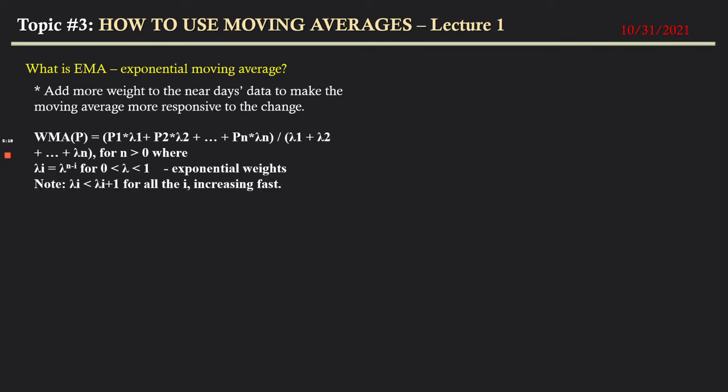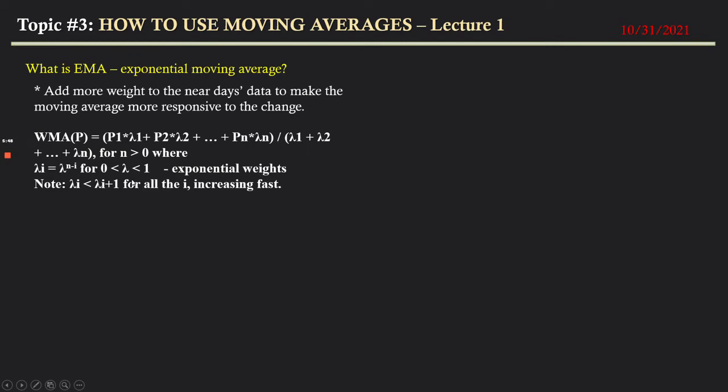And you see the formula comes this way, with lambda 1, lambda 2, lambda n. These are the weights. The weights in this case are defined by the power of lambda to n minus i, the index. And you see that is exponential, so this is called exponential weight.